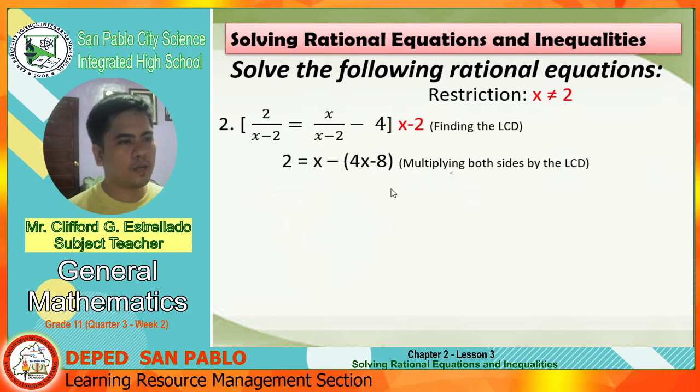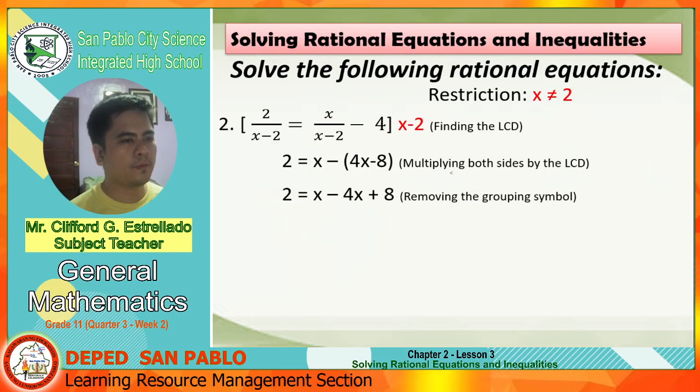So it will give us 2 is equal to x, distribute the negative sign, we have negative 4x plus 8. Okay, then combine like terms. We can combine x and negative 4x, which will give us negative 3x.